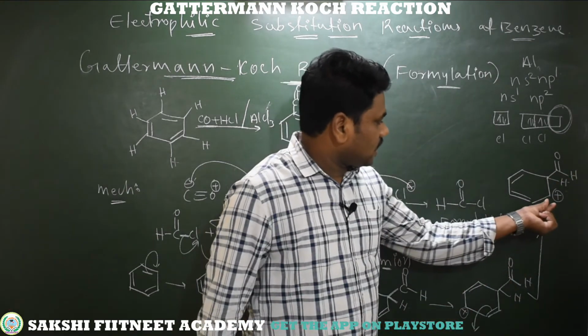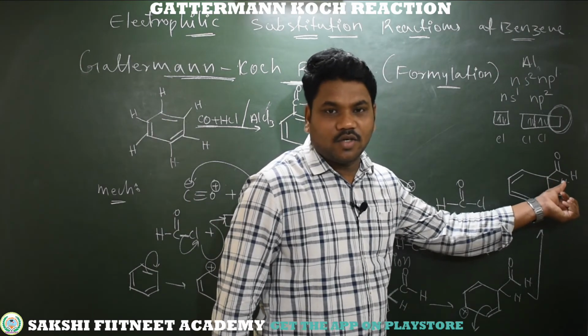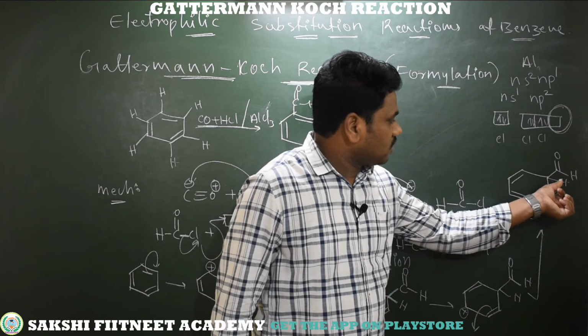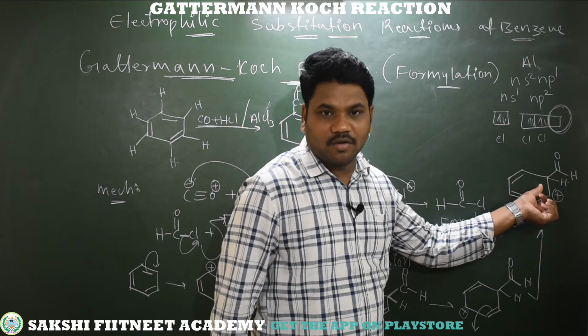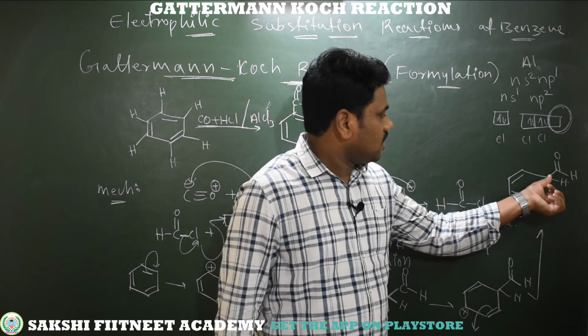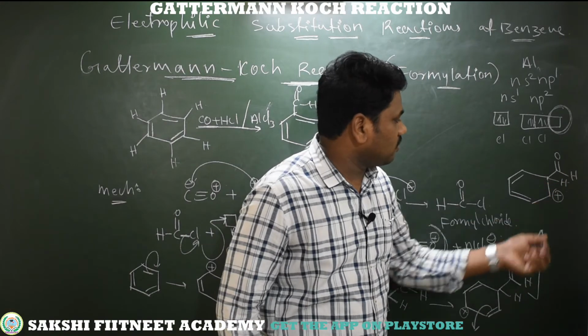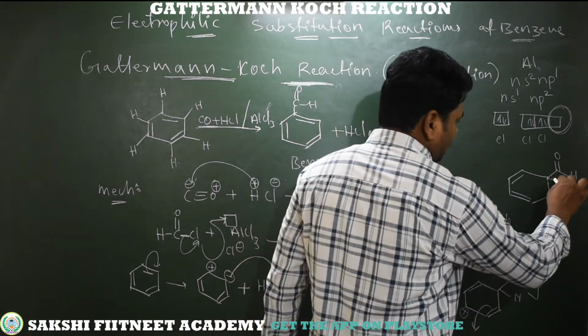See here, the carbocation has an alpha carbon to hydrogen bond. So this sigma bond converts into a pi bond, like a hyperconjugation. This is hyperconjugation: the alpha carbon to hydrogen sigma bond converts into a pi bond.